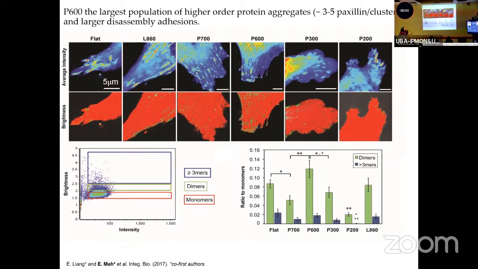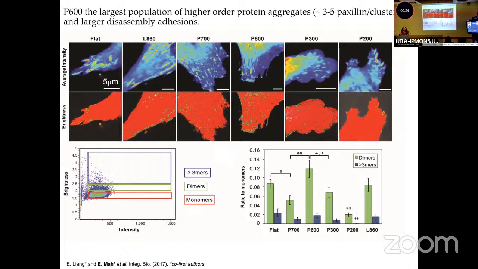At very far distances of the nanoposts, it varies. But what happens is that the population of dimers relative to monomers goes down, and the number of trimers and more goes down.